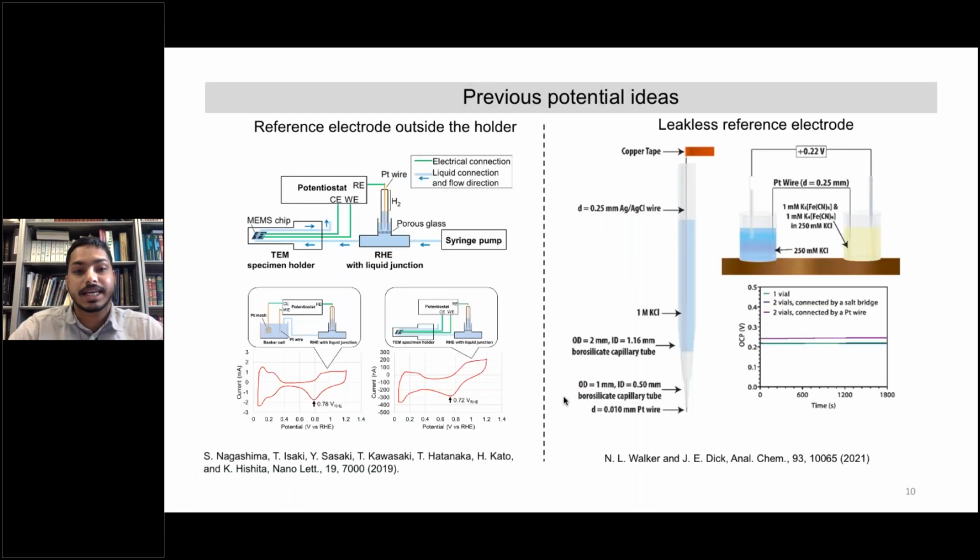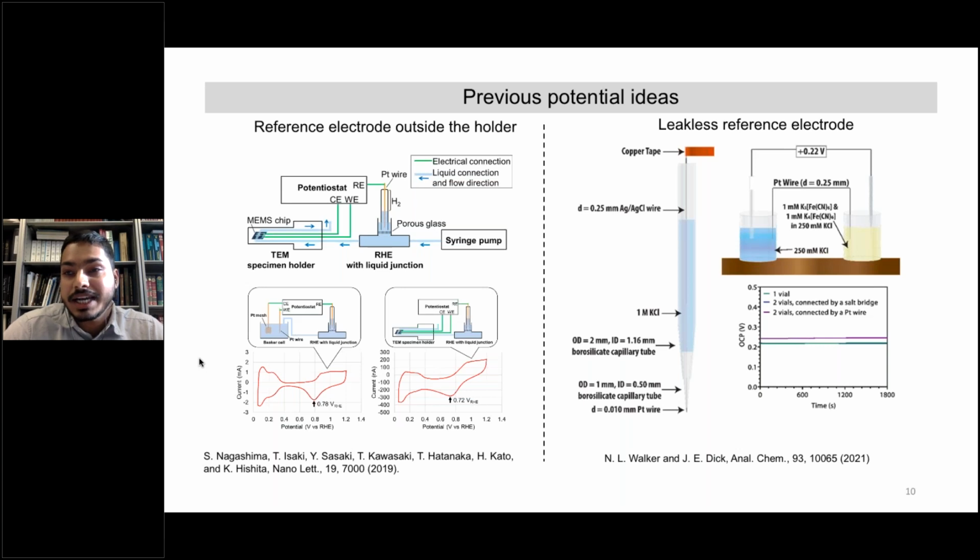Well, there are a couple of ideas. Researchers from Japan used a little longer electrolyte flow tube, and they used a true reference electrode outside the TEM holder, as you can see schematically here. That is a clever idea. The second idea, which we were particularly interested in, is something called a leakless reference electrode. Researchers from the University of North Carolina replaced the porous frit with just a metal wire.